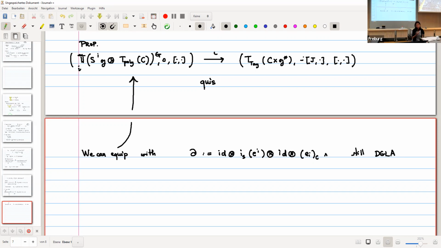So I can actually use this complex, this cohomology with this non-trivial differential, as a Cartan model, and you will see why.